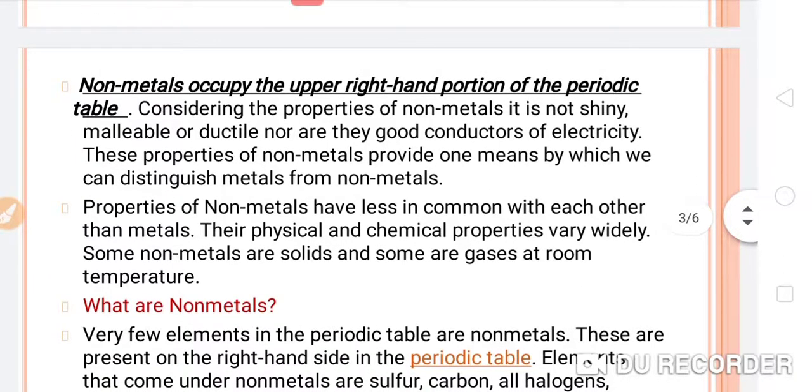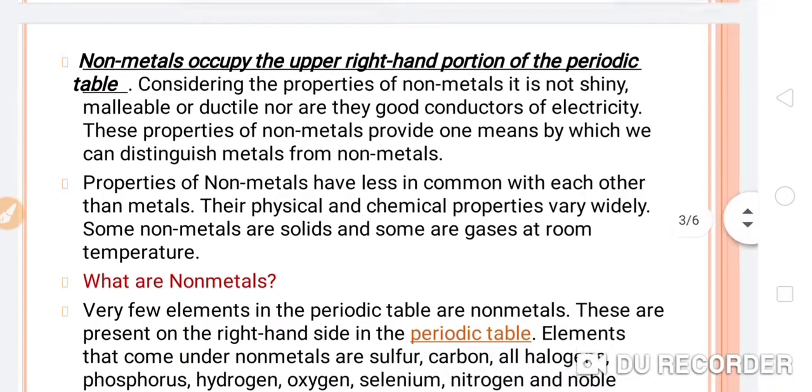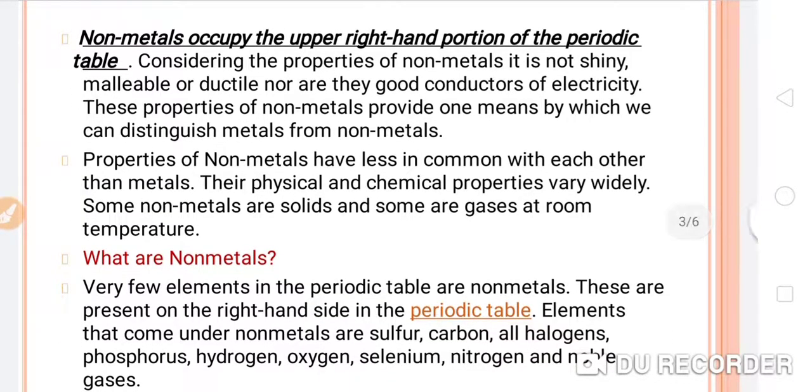These properties of the non-metals provide one means by which we can distinguish metals from non-metals. The properties of non-metals have less in common with each other than those of metals. Their physical and chemical properties vary widely. Some non-metals are solids and some are gaseous at room temperature.